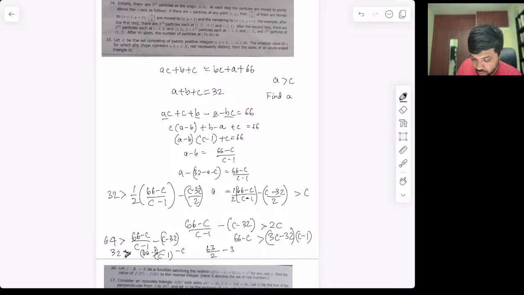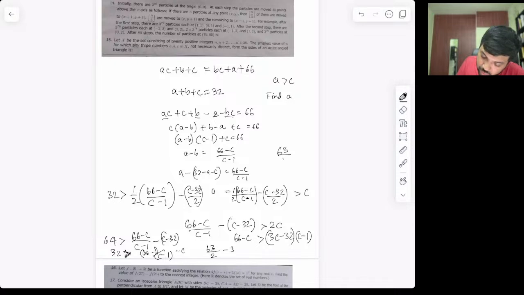So C is equal to 3, it will not be divisible. C is 4. Okay, first of all, you also want (C minus 1) into 2 to divide 66 minus C, or else it won't even be an integer, right? So C has to be even here, so that C by 2 is an integer, or at least, okay, that you don't need, but you need this entire thing to be an integer, right? So does it work? C is equal to 3, does it work?